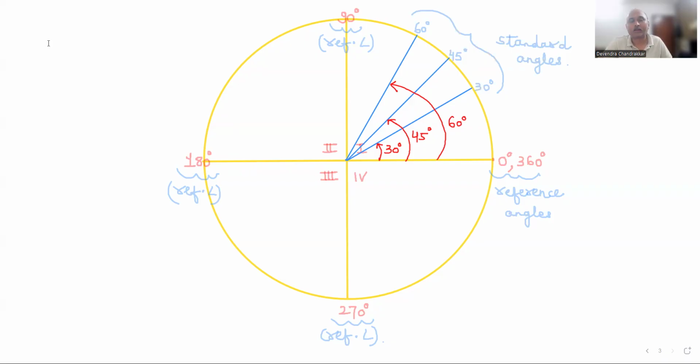So now how to find standard angles of the remaining quadrants? Second, third, fourth quadrant का standard angle कैसे बनाएंगे? बहुत सिंपल है, देखो.